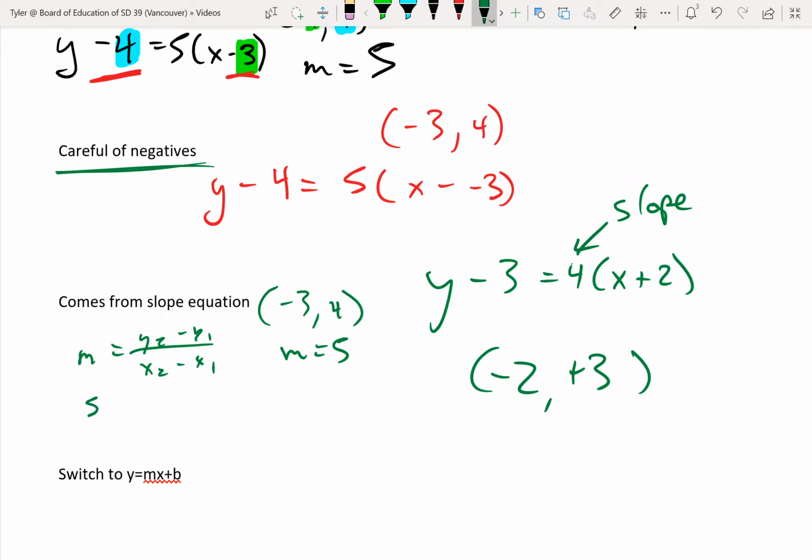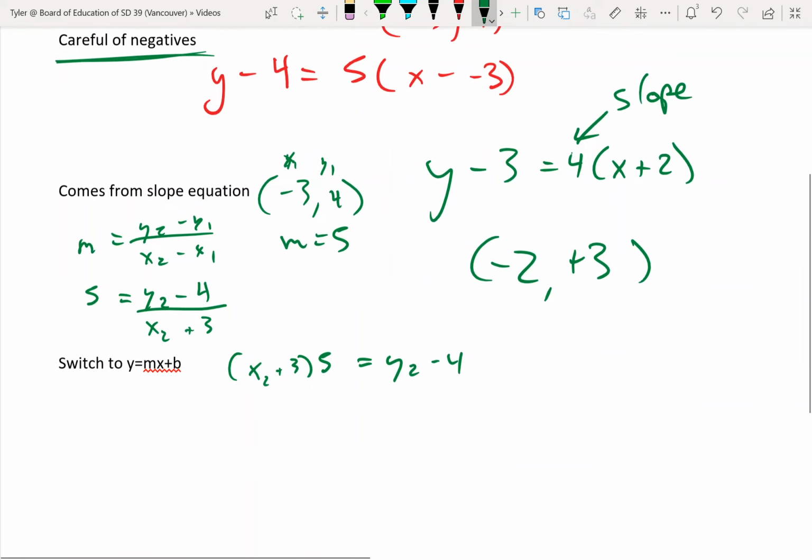The slope is 5, and the point gives me y1 and x1. So I'm going to say y2 minus 4 over x2 plus 3. Now we want to isolate this, so let's multiply by the denominator. So it's going to become x2 plus 3 times 5 equals y2 minus 4.